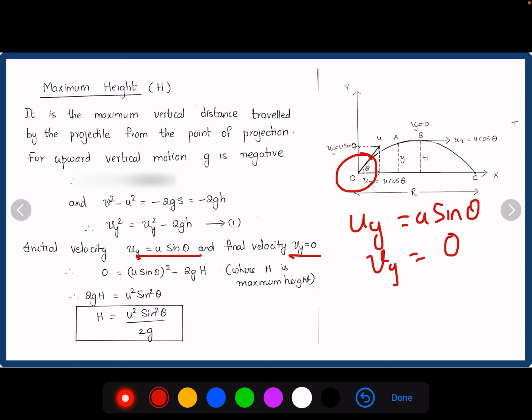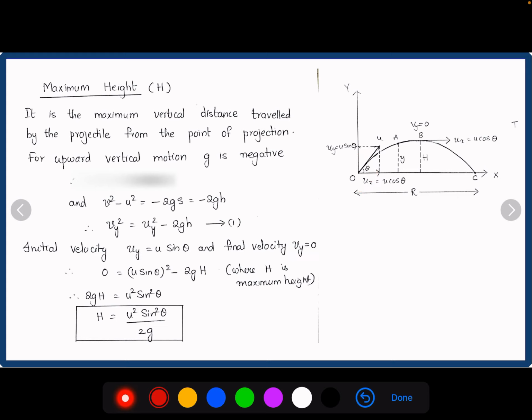What we are doing here is we have taken the third kinematic equation, that is v square minus u square is equal to 2as. In that, v we substituted 0, u is u sin theta, s is h, and g is minus g.